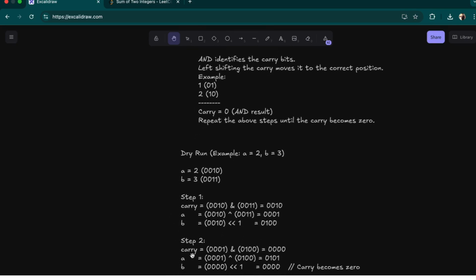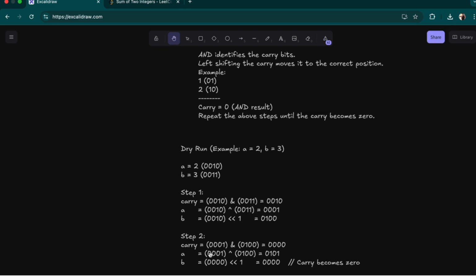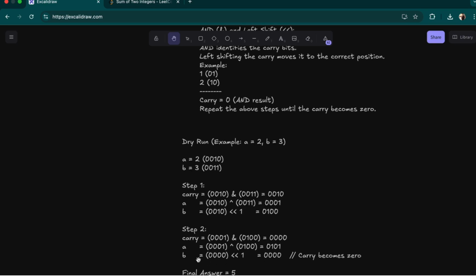In step 2 we have to take care of the carry, basically 0001 AND 0100. We know the concept of AND: 0 AND 0 is 0, 0 AND 1 is 0, 0 AND 0 is 0, then 1 AND 0 is 0. So the answer is 0. In a, we have to do the XOR operation with these two.